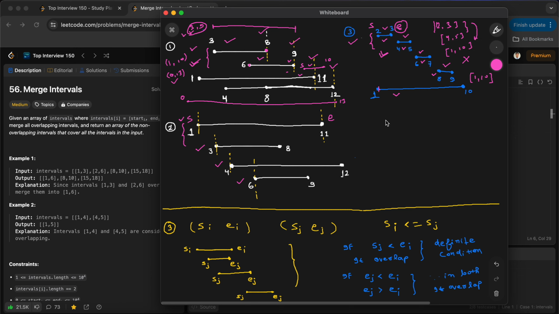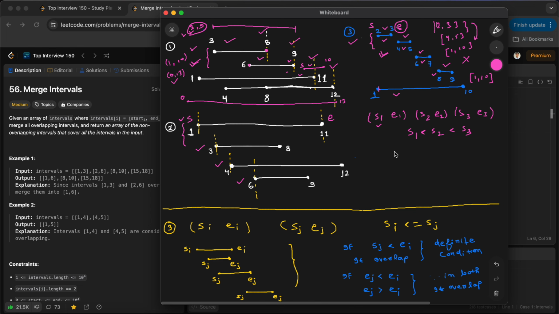So why I am saying that: suppose I am taking this example as s1 e1, s2 e2, s3 e3. So just by checking whether these two points overlap or not, suppose this is sorted on the basis of start point, so definitely s1 is less than s2 less than s3.